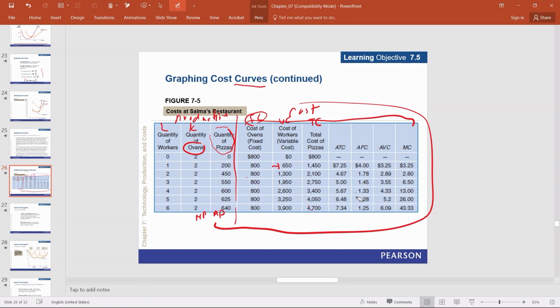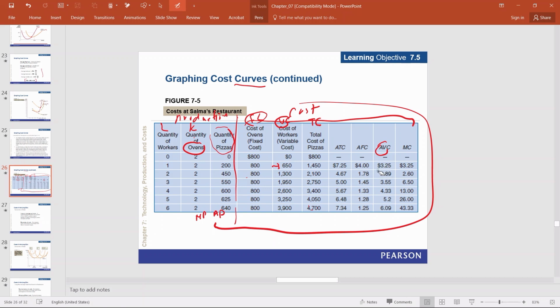You will get this column. And then for the average variable cost, go to variable cost and take the numbers and divide them by each level of production or quantity level.